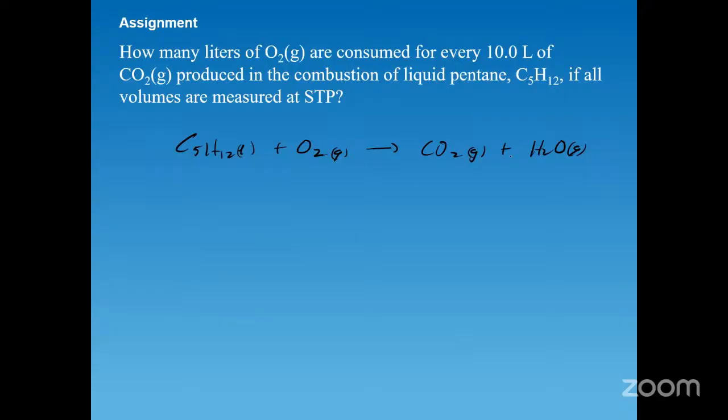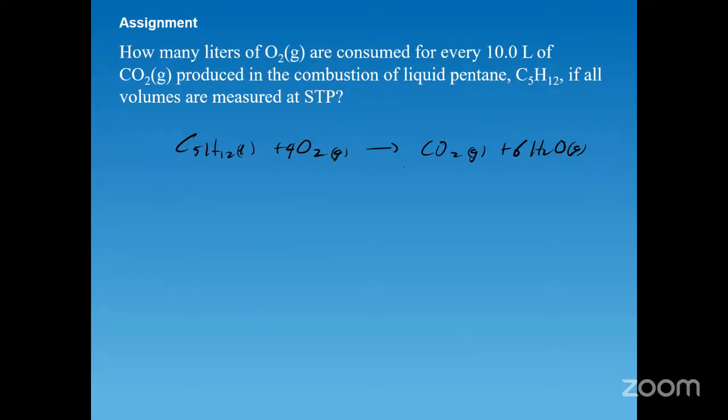Put a 6 in front of the H2O, okay? Then the oxygen on the reactant side. There should be a 4 in front of oxygen. Why 4? Because it's 2 plus 6, which is 8.